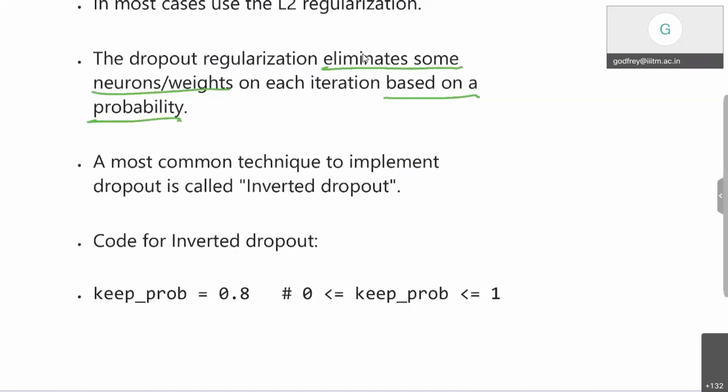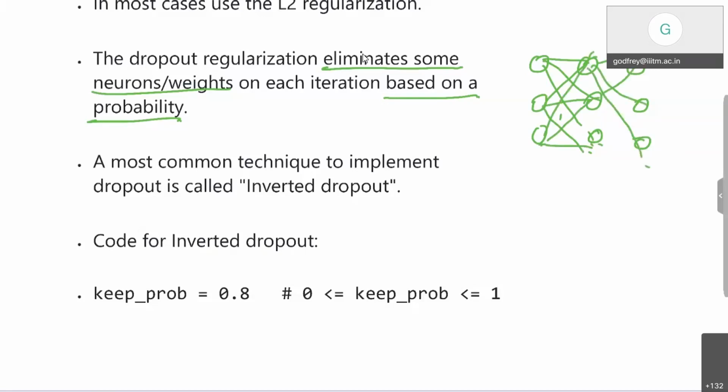So say you have neurons and you have connections, this interconnection. So one way to make the network suboptimal is to reduce all these connections.